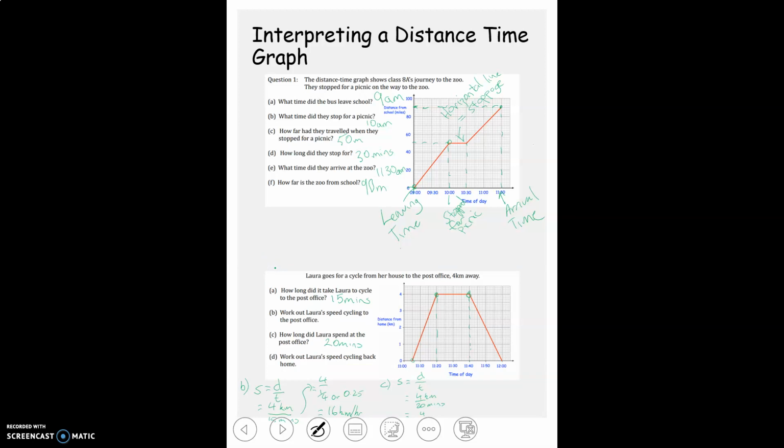So 4 kilometres over 20 minutes is the same as 4 over 1/3, which is equal to 12 kilometres per hour.